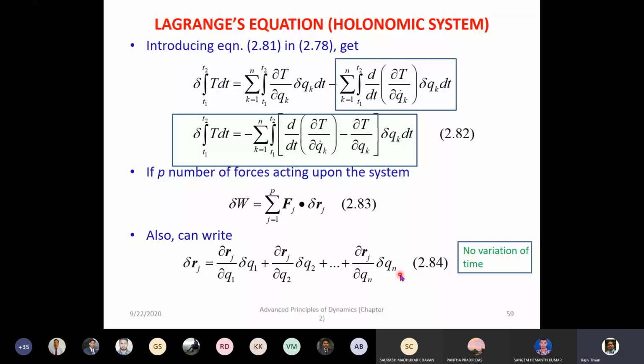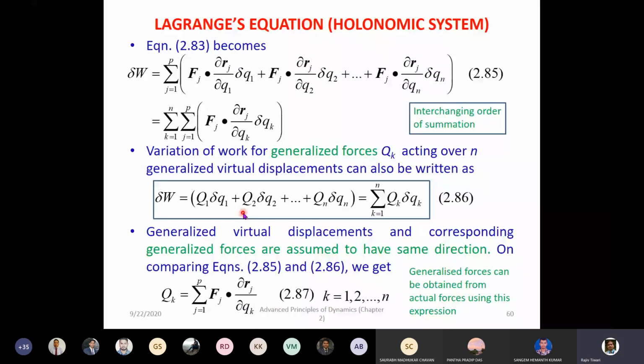So this we will substitute here, so that in the virtual work expression Fi also I have taken inside the bracket. So after substituting the variation of R in terms of the generalized coordinates, I got these terms. So this summation is from J to P. P is the number of external forces.